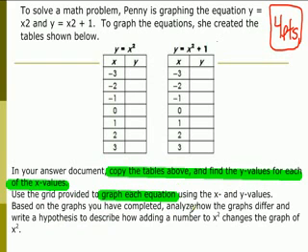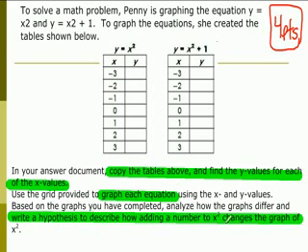Based on the graphs you've completed, analyze how the graphs differ and write a hypothesis to describe how adding a number changes the graph. Okay? So, we have to copy the tables, find the xy values, graph the equation, and write how they're different. So those are the 4 things we have to do.